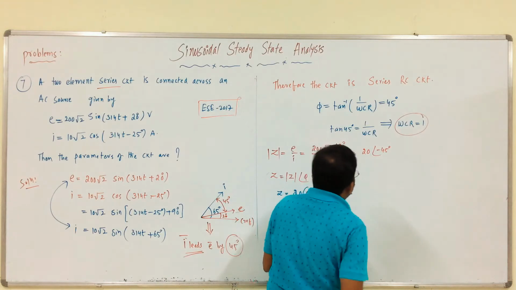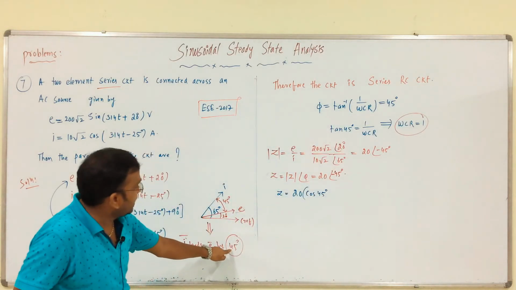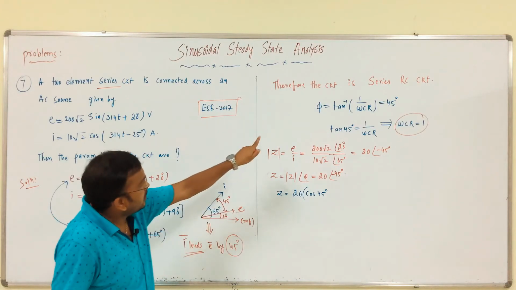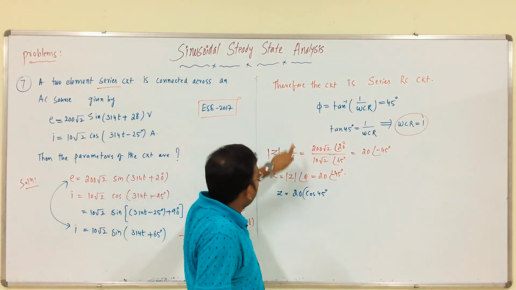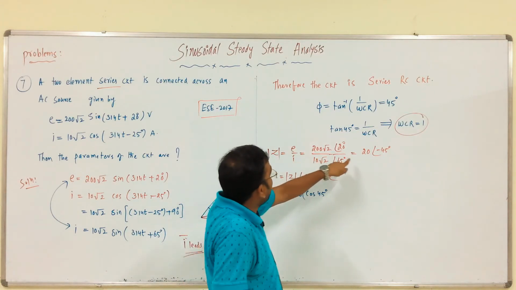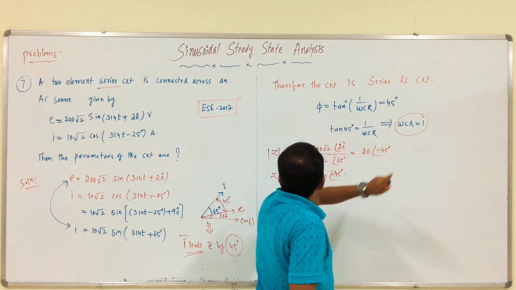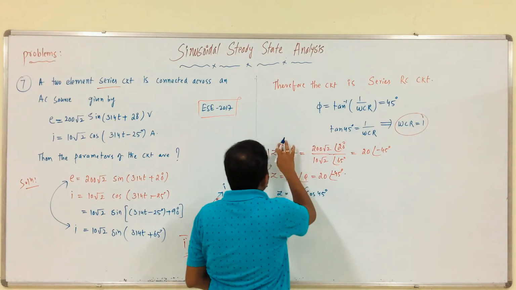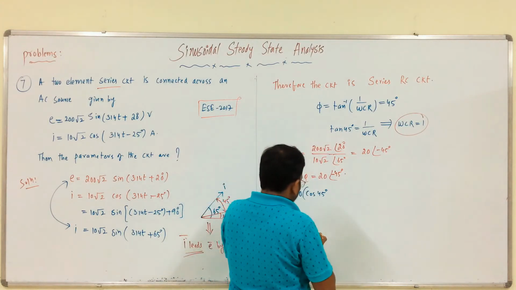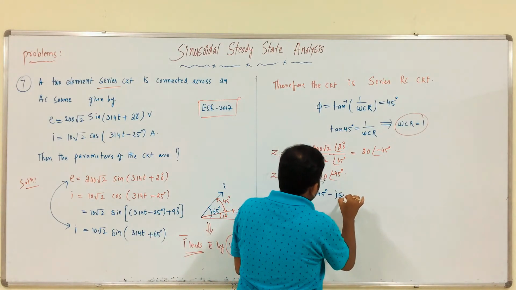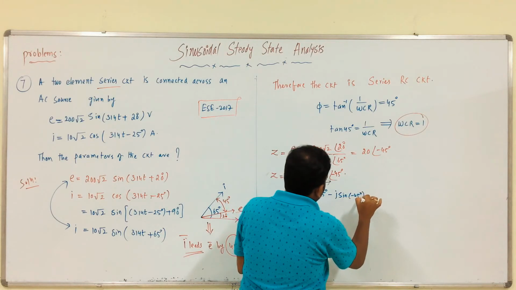The current leads E by 45 degrees, so the circuit is a series RC circuit. With respect to Z, E by I, we got 20 at an angle minus 45, which is 20 cos minus 45 minus j sin minus 45.